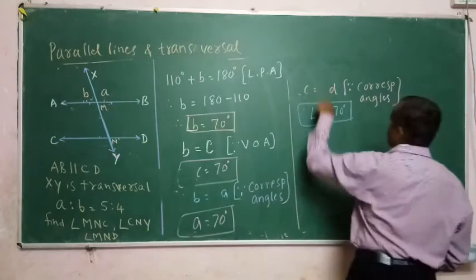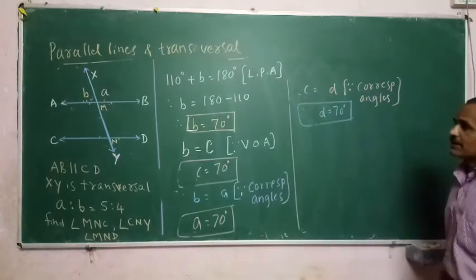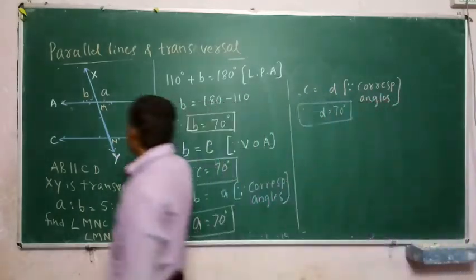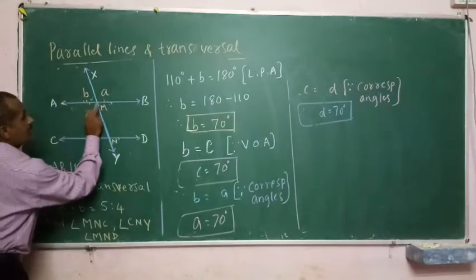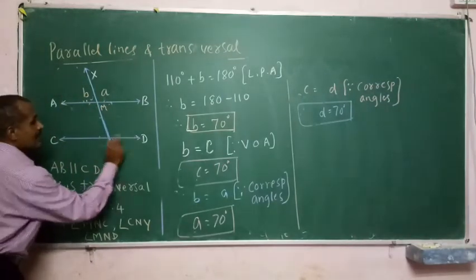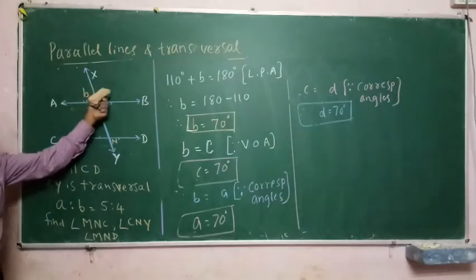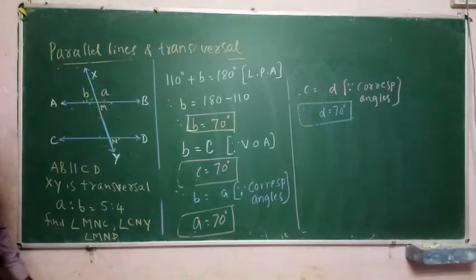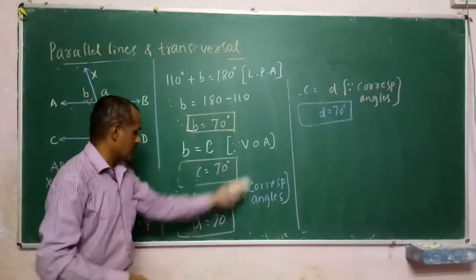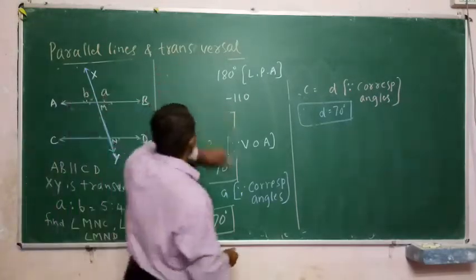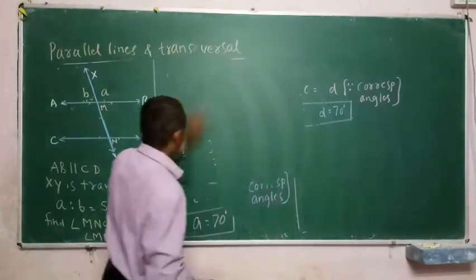C is equal to D. D is equal to 70. So you can use the angle sign like this, XMB, DNM, in that case you can use the angle sign. But when you are doing like this, don't use angle A and angle B. Okay, let us come back to the question. So these are the necessary changes you can make in your notebook.